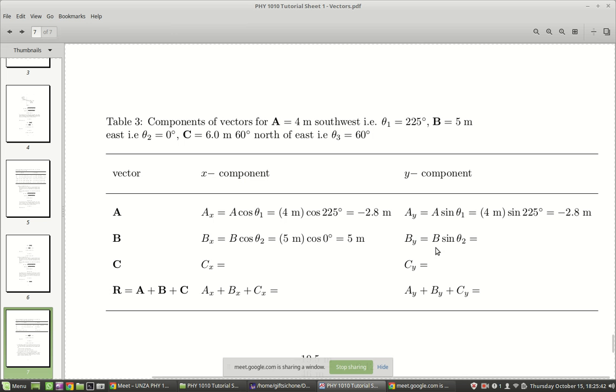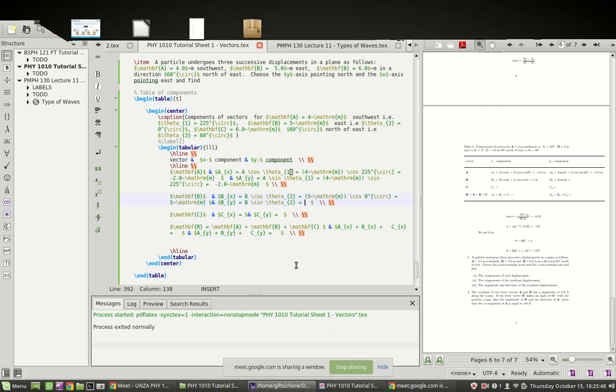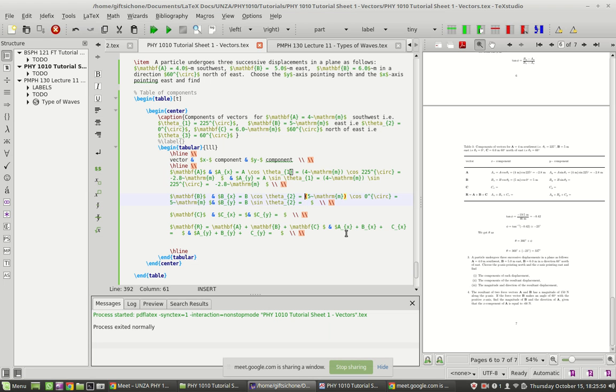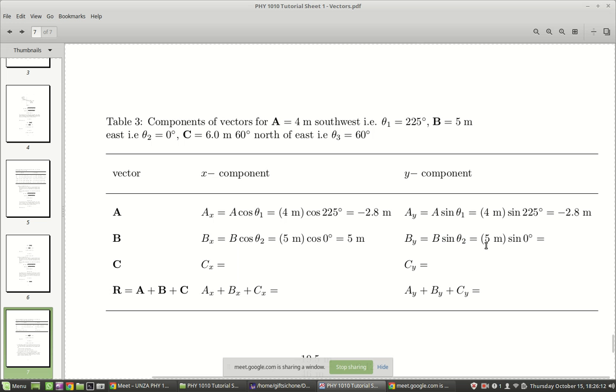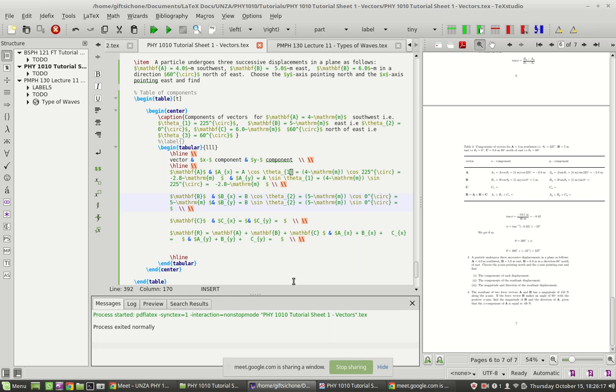How much is the magnitude of B? 5 meters. And how much is the angle? 0. So 5 meters sine 0. How much do you get for that? 0 meters.